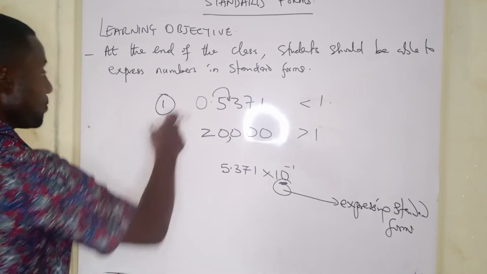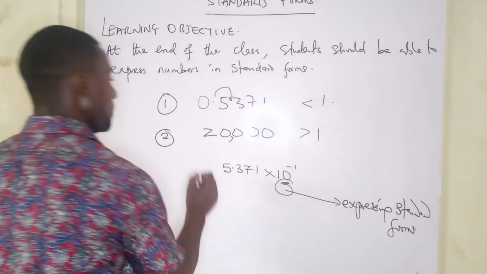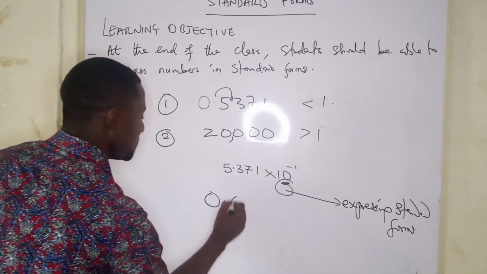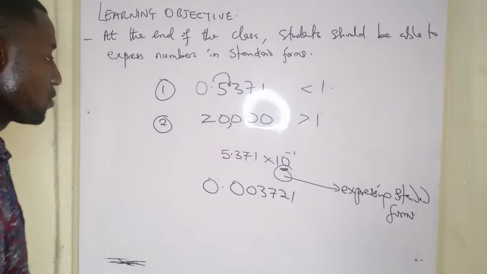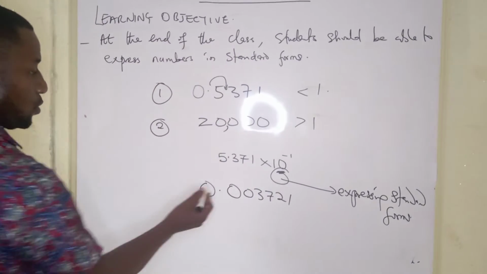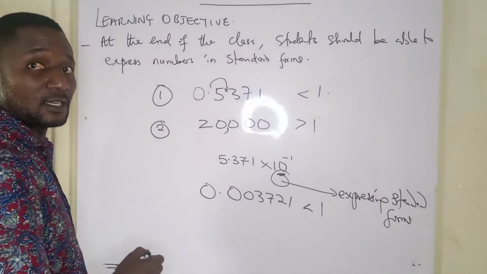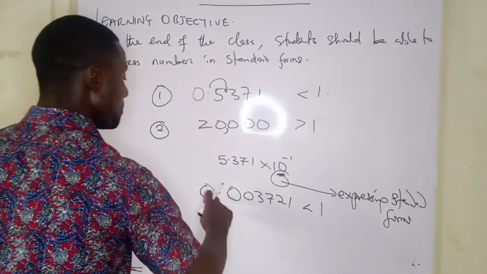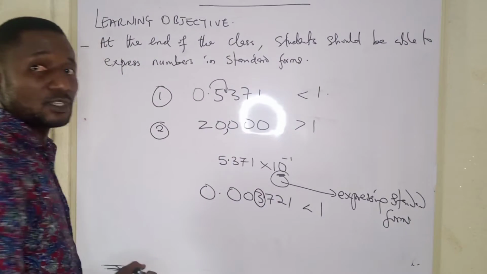Let me give another example on values that are less than 1. 0.003721. If you look at this case here, this is your point. This value is less than 1, and since it is less than 1, you'll be moving from this side to the first unit value, which is 3.